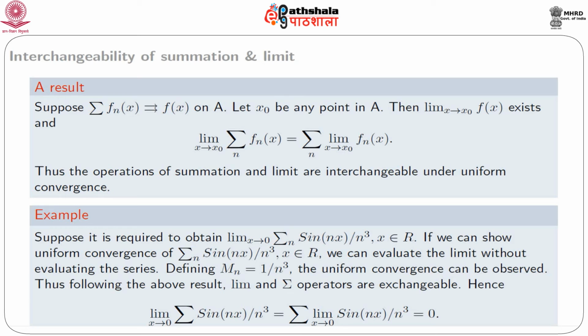In our next result, we shall discuss interchangeability of differentiation and limit. Consider a series of functions f n x for x belonging to the closed interval a b such that the series with nth term f n x naught converges to f x naught for some x naught belonging to A, that is, here A is nothing but the closed interval a b. f n dash x exists at all x belonging to a b, and the series with f n dash x as the nth term converges uniformly on the closed interval a b.